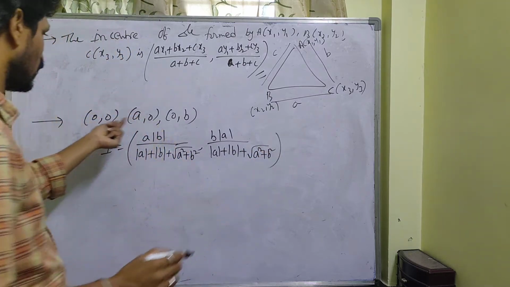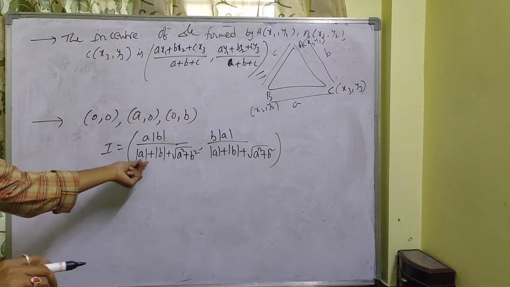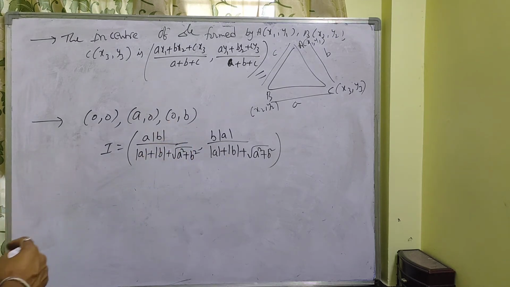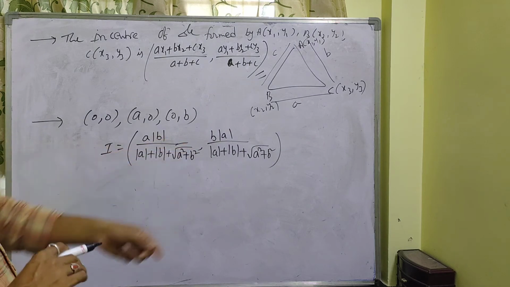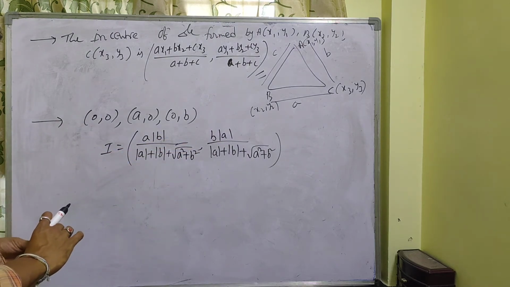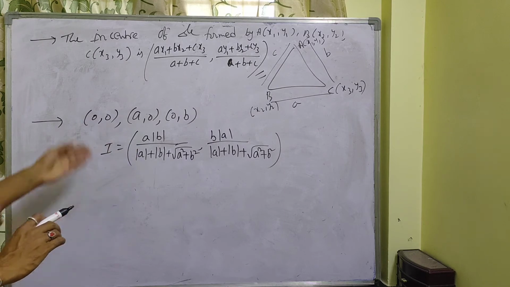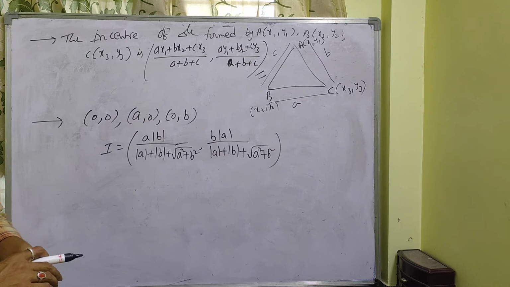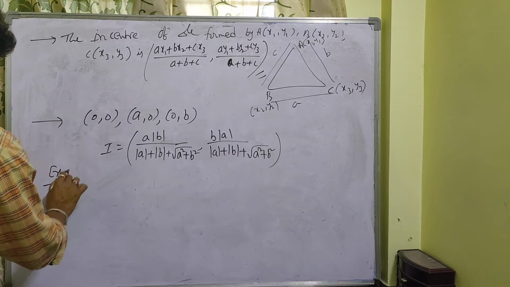If the vertices are 0, 0, A, 0, 0, B, then I is equal to A into mod B by mod A plus mod B plus root over A square plus B square, comma B into mod A by mod A plus mod B plus root over A square plus B square. This is the formula to find out the incenter.